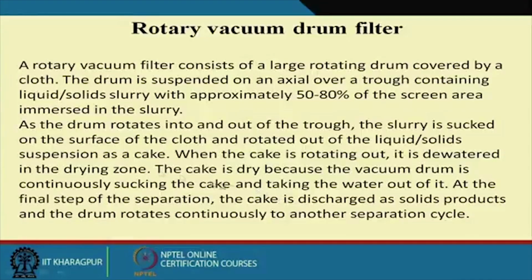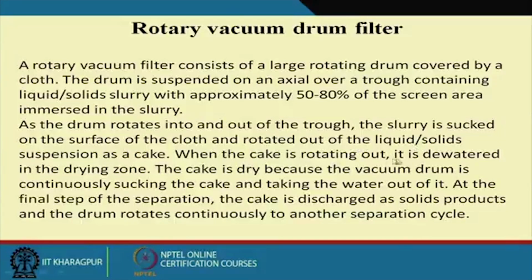Now, a rotary vacuum filter consists of a large rotating drum covered by a cloth, and the drum is suspended on an axle over a trough containing the liquid-solid slurry, with approximately 50 to 80% of the surface area immersed in the slurry. As the drum rotates into and out of the trough, the slurry is sucked onto the surface of the cloth and rotated out of the liquid and solid suspension as a cake.